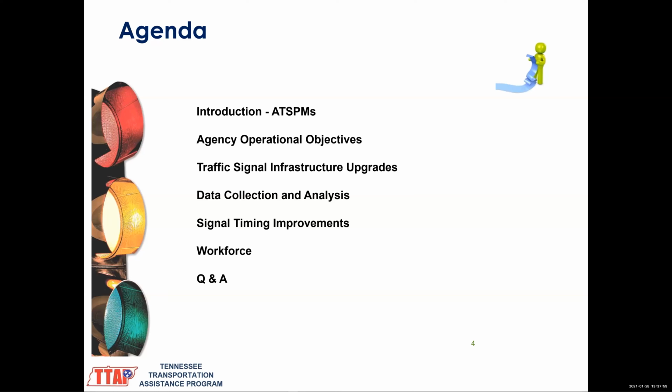Once you get the detection in place, then we're going to look at the data collection and analysis of all the data that comes in on these systems. With this, we'll look at what is involved in the cabinet and at the intersections for the signal time improvements. And then lastly, we're going to look at how this affects the workforce. Hopefully we'll have a little bit of time at the end of the presentation for some questions and answers. But again, if you have any questions, please put them in your chat box and Ayrton will forward them to me.